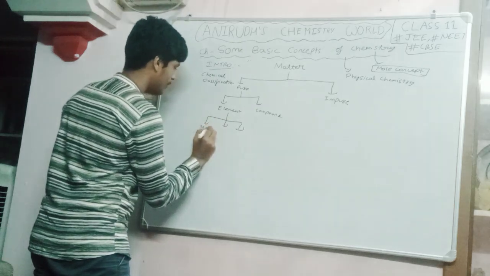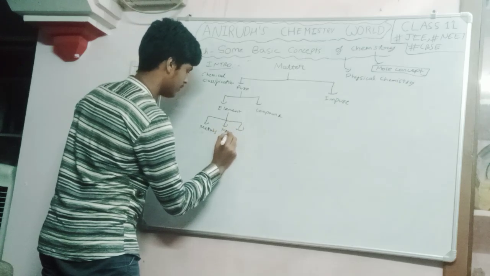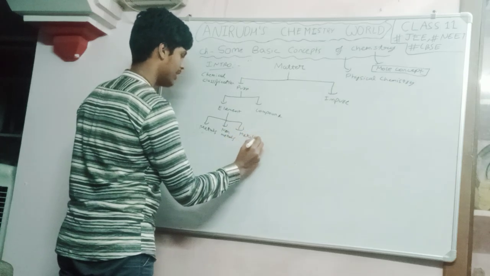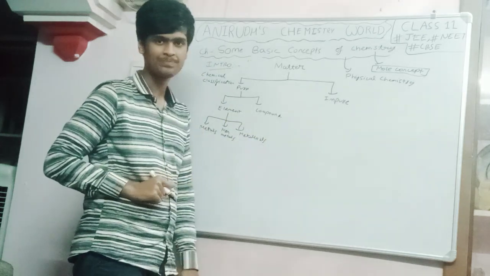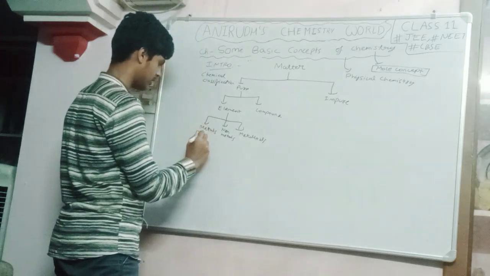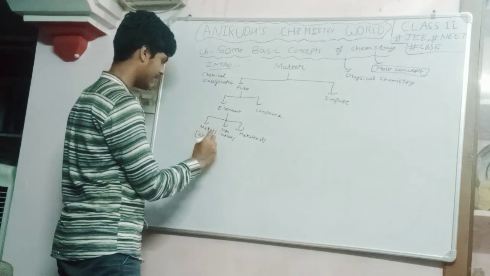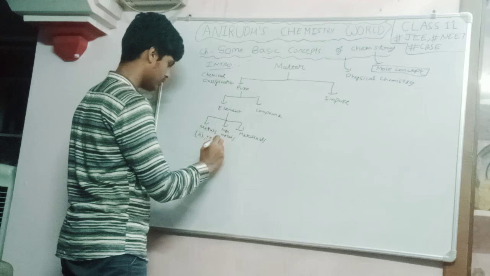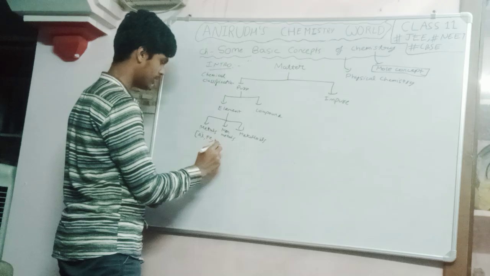First one is what I call metals. Second one is non-metals. Again, third one is metalloids. Okay, in these metals, I'll be giving the examples. See, aluminum, iron, sodium, potassium, etc. Calcium.